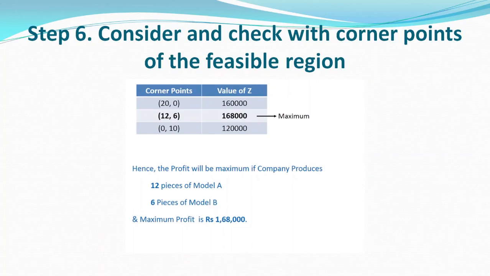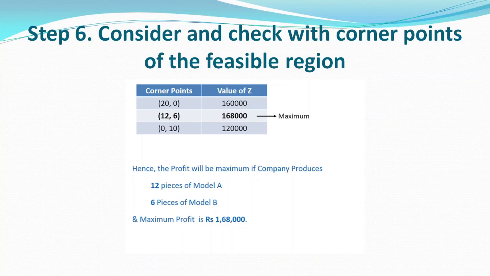We can see that the corner points are (20, 0), (12, 6) and (0, 10). We put in the values: at (20, 0), Z becomes 1,60,000; at corner point (12, 6), the Z value becomes 1,68,000; and at the corner point (0, 10), the Z value is 1,20,000.